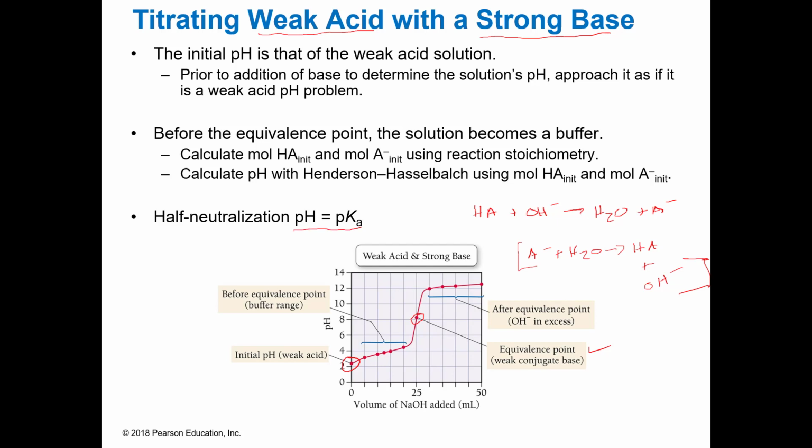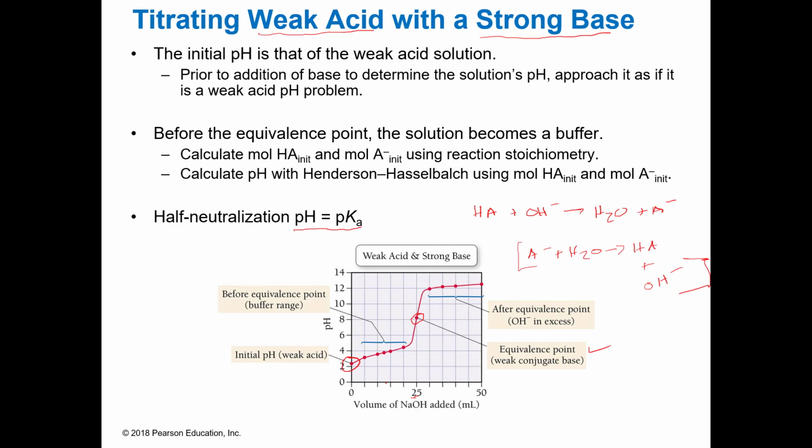Because when the pH equals the pKa, that's halfway to the equivalence point. Halfway. So here's the equivalence point. If we work this backwards, we've added 25 milliliters and we're at the equivalence point. So at 12.5 milliliters, we are in the range where pH equals pKa.